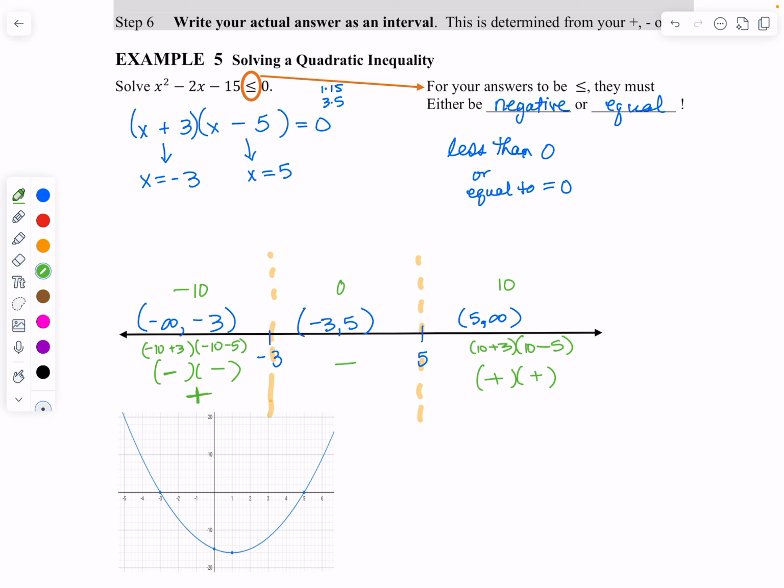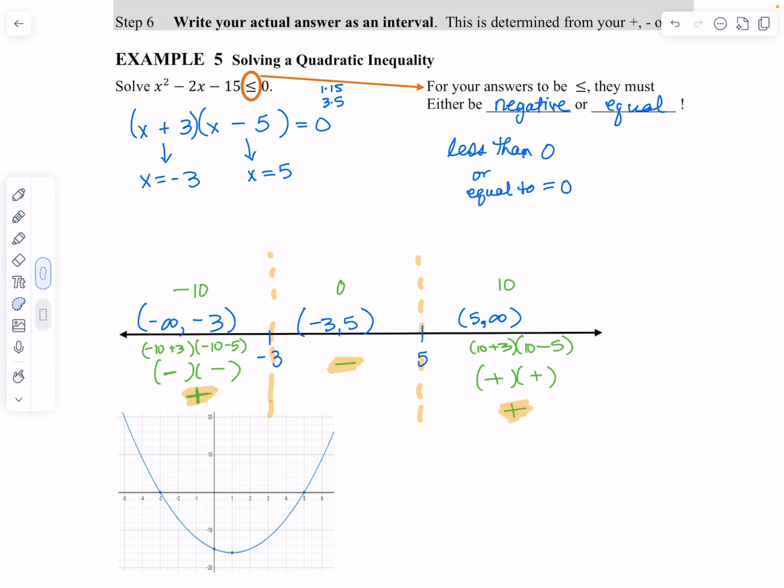And a positive times a positive is a positive. So what that tells me is that any number that I plug in on the left is going to give me a positive answer. Any number I plug in that's in the middle gives me a negative answer. And any number I plug in on the right is going to give me a positive answer.